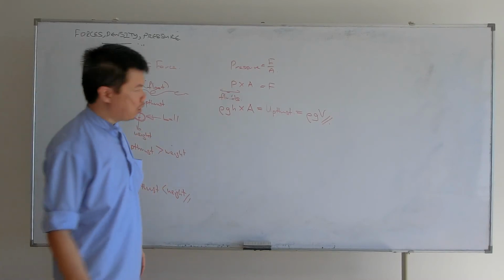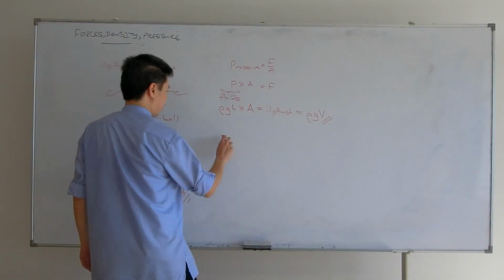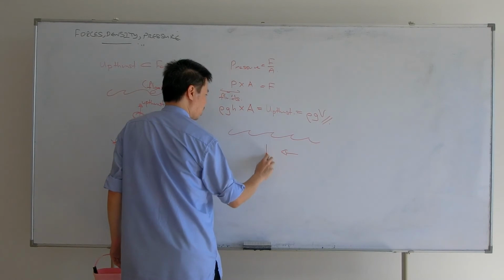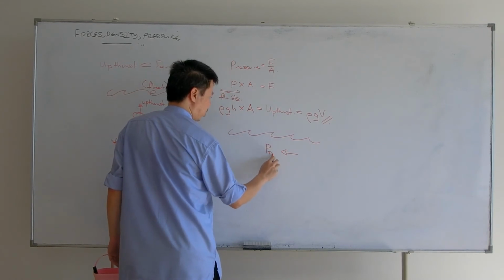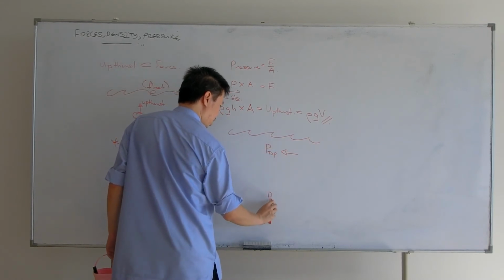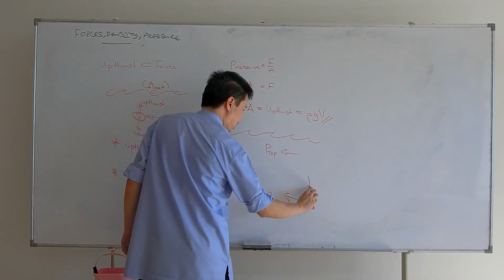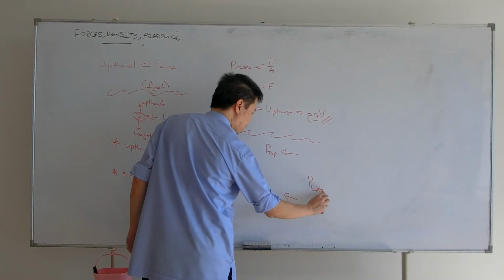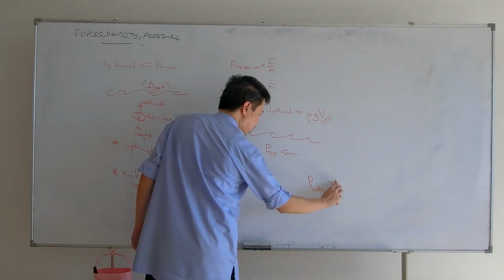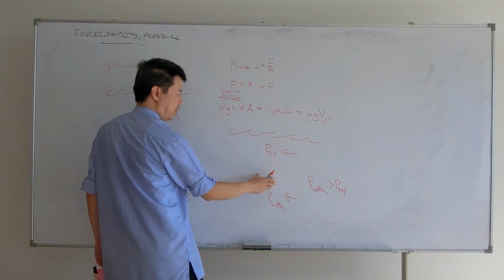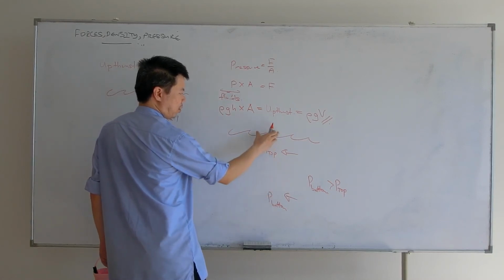Again, a reminder: if you are in water, the pressure at the top and the pressure at the bottom, always remember the pressure at the bottom will always be greater than the pressure at the top. Why? Think of a cuboid or a cylinder of water.